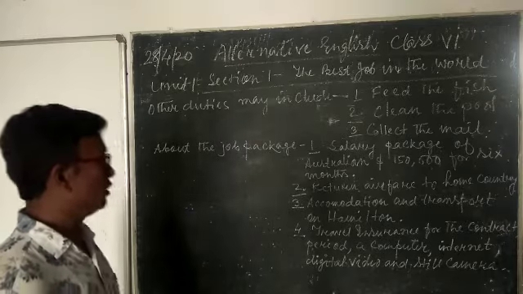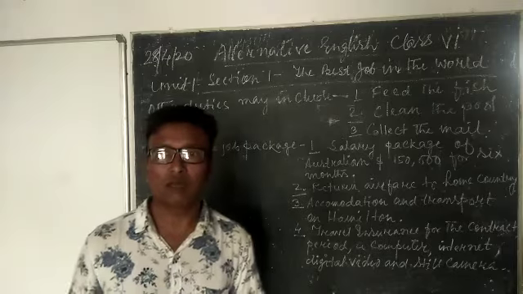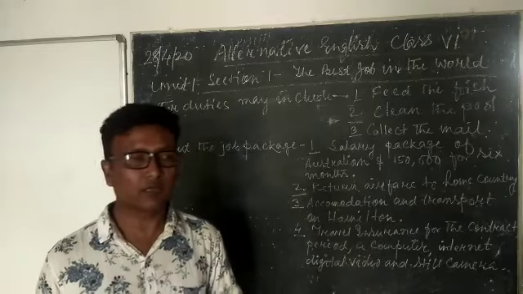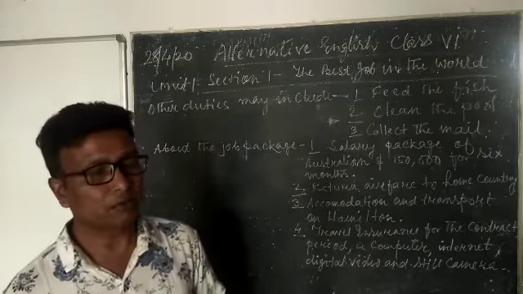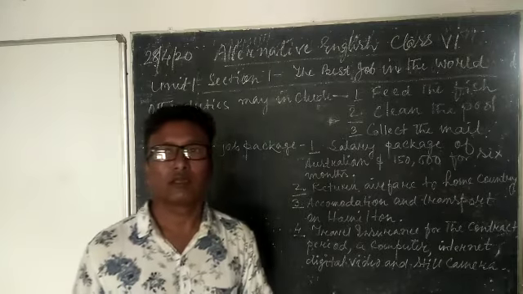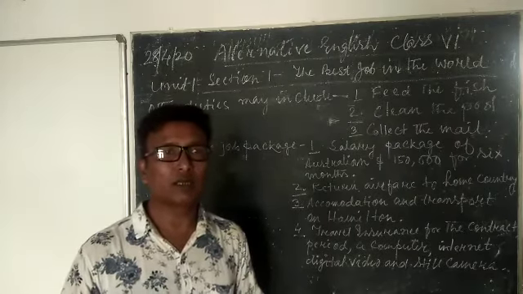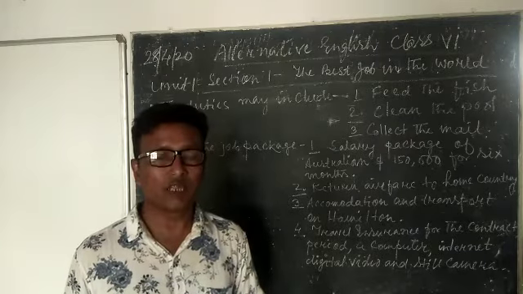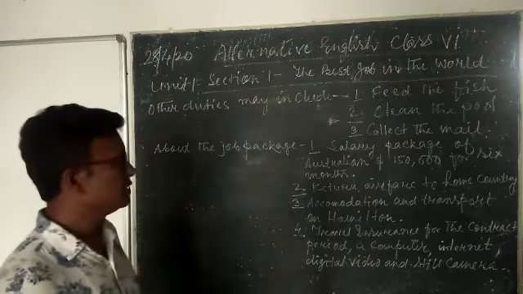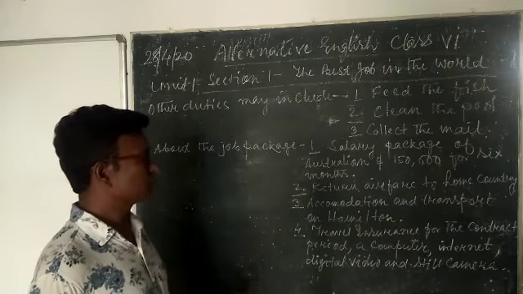Now the next point is about the job package. Now when you write a job advertisement, many questions will be there in the mind of the candidates. That if I get the job, what will be my salary, what about my accommodation. So many things will be there. So it has been made clear in this advertisement about all those things.